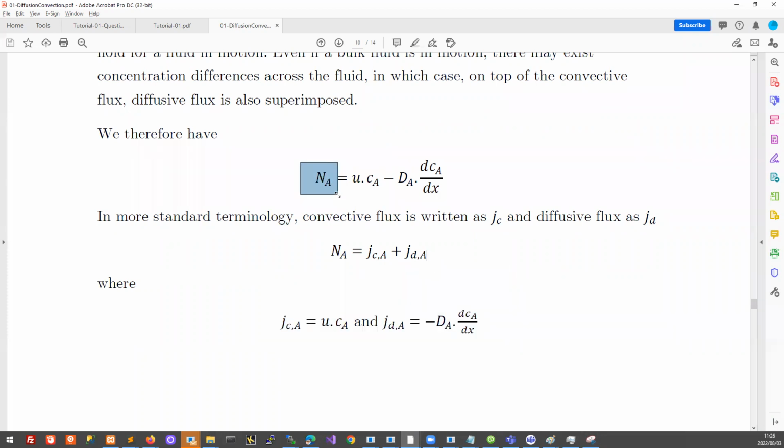Now, what we can say also is that there is another velocity that we can define specifically for component A. So we can say component A is, by the end of the day, some collection of molecules A. And if we were to somehow be able to follow just those molecules, then that would define a certain velocity for that component A. So we know we have a bulk movement, right? We know the fluid itself is moving, and that movement involves other molecules as well.